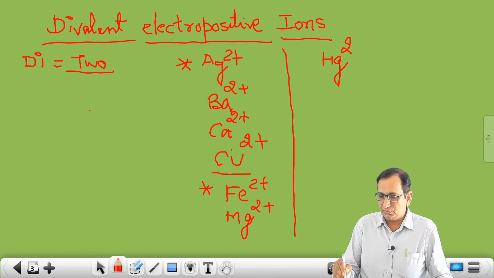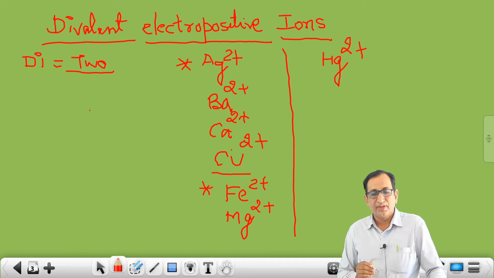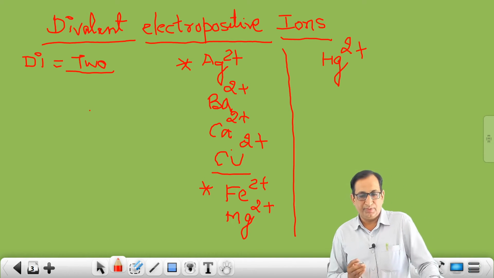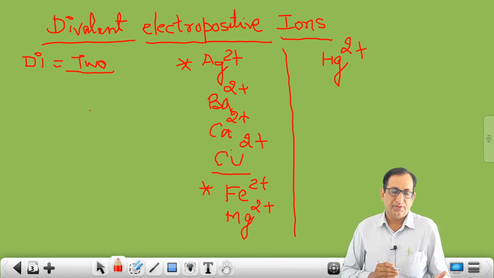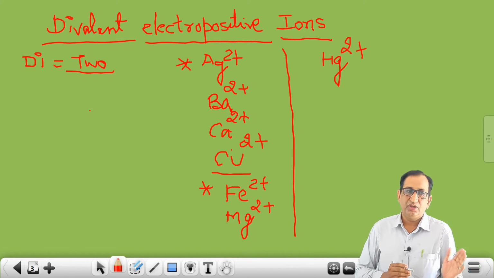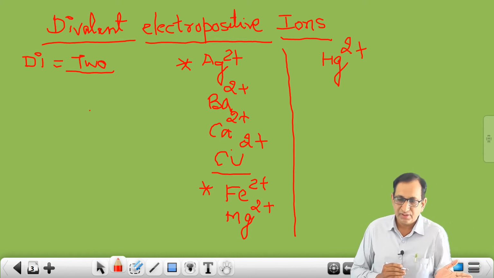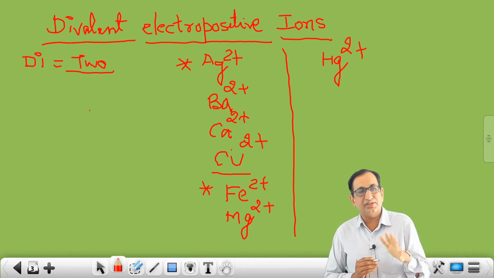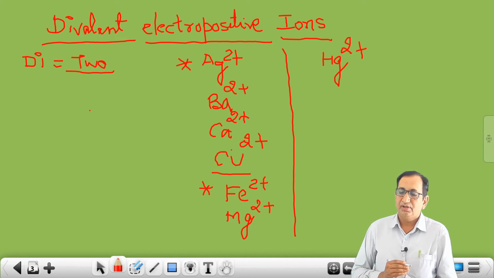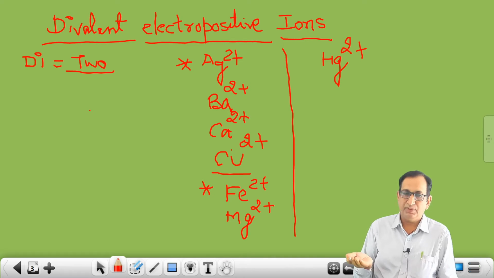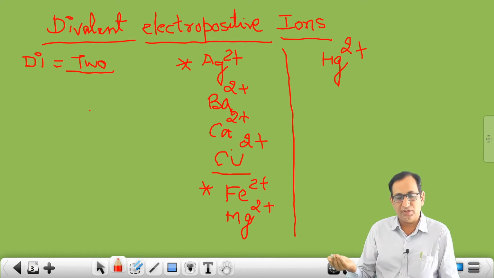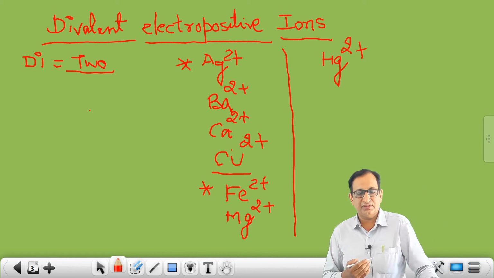Mercury shows plus 1 charge and 2 plus charge also. If plus 1 charge is there you say mercurous, and if plus 2 charge is there you say mercuric. So mercurous and here mercuric. This is a very special case.